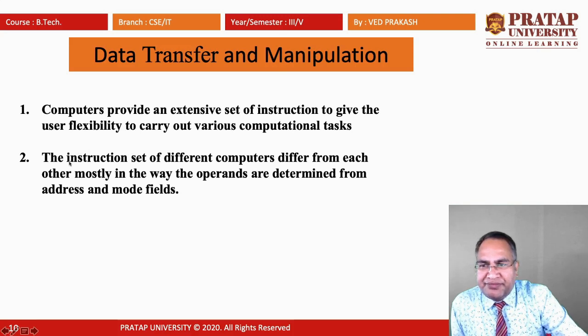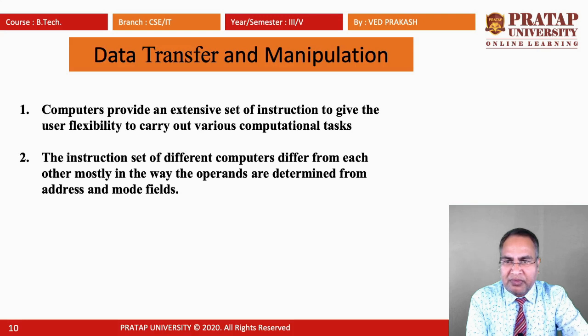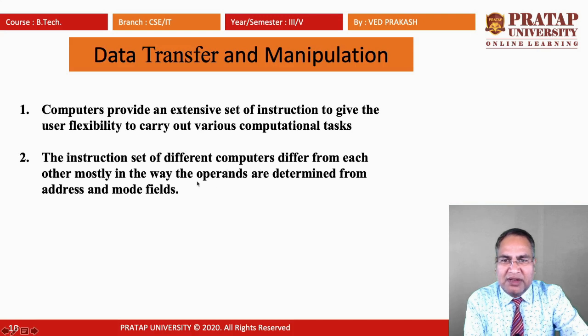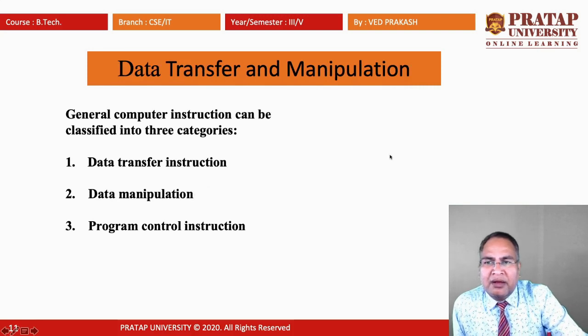The instruction sets of different computers differ from each other mostly in the way operands are determined from address and mode fields. We know that every computer has a different architecture, so due to this reason there are different types of address mode bits. Now, data transfer and manipulation.